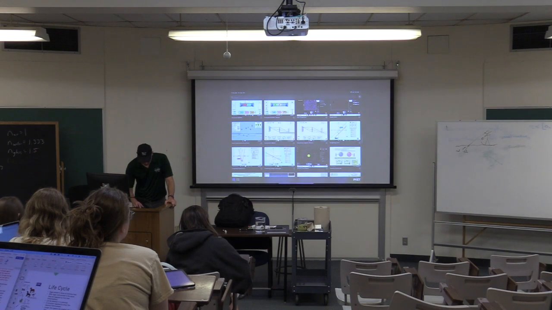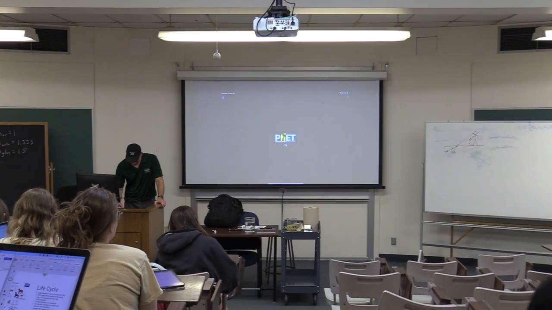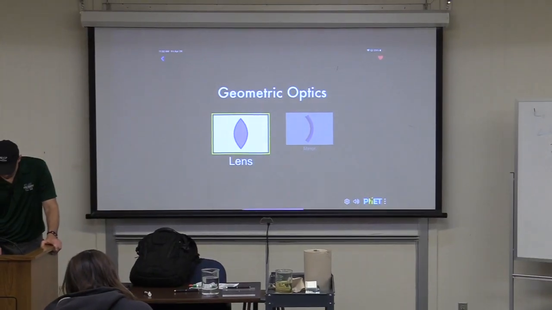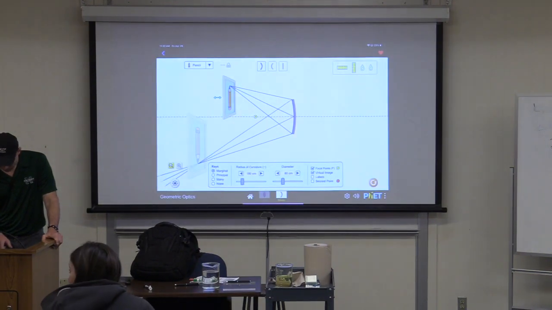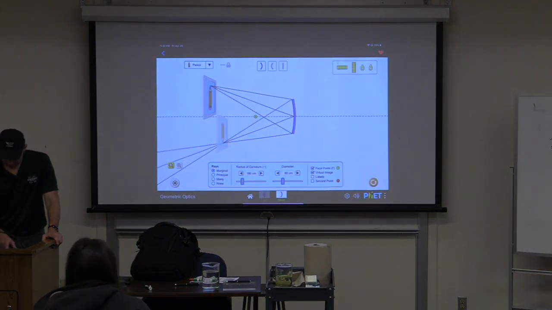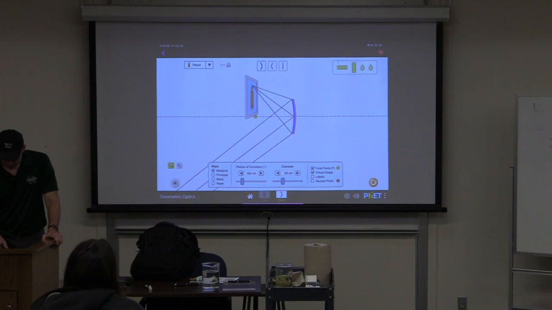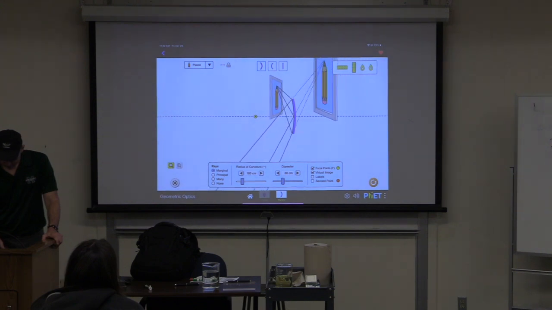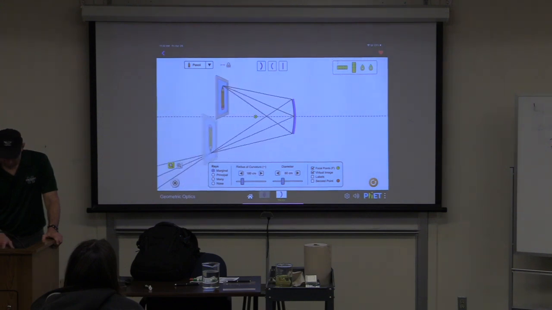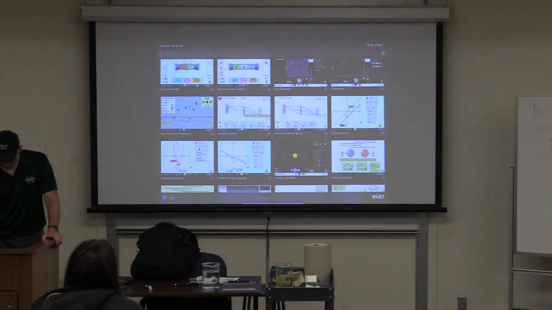Oh, hey, look. Geometric optics. We were doing this. Look at that. I didn't realize they had one of these. That's not the one I'm looking for.